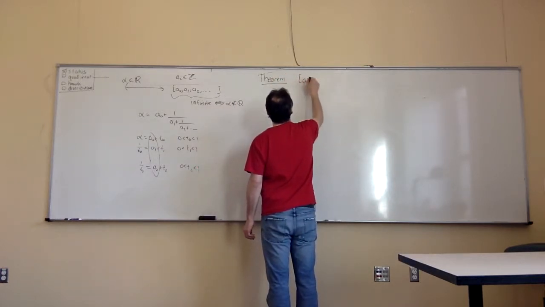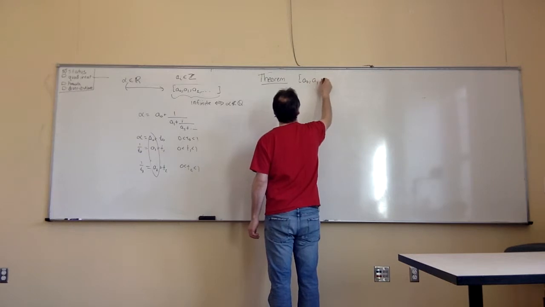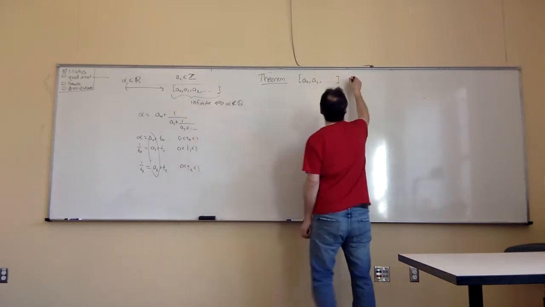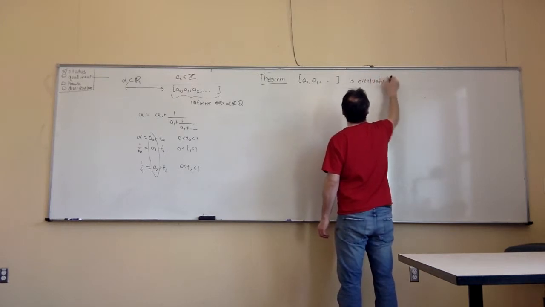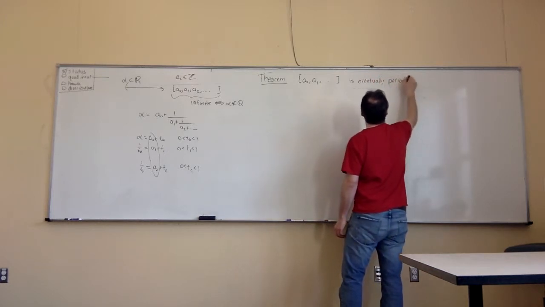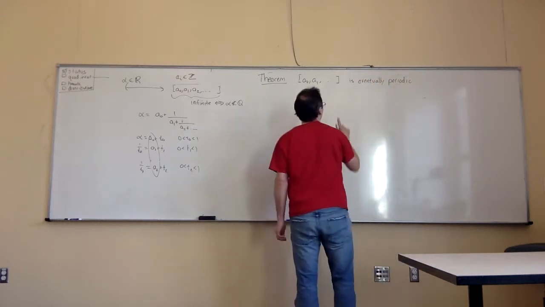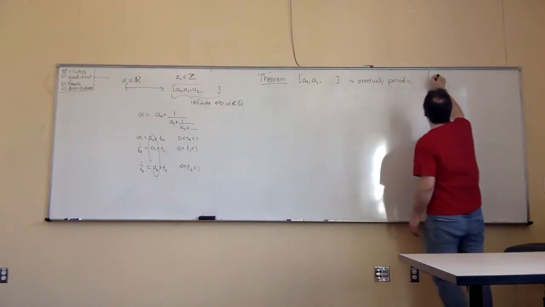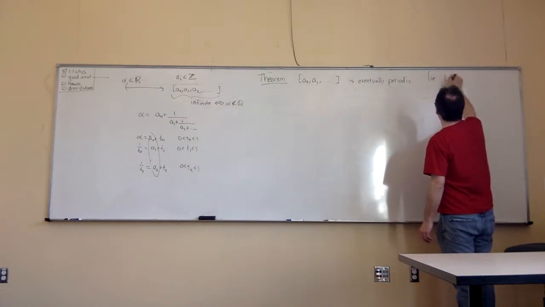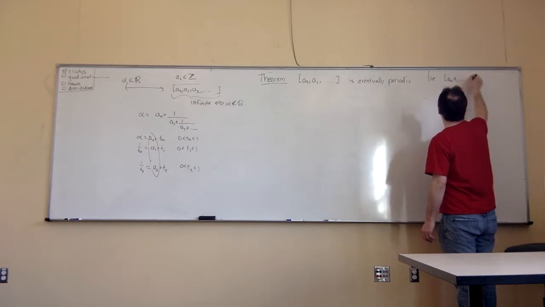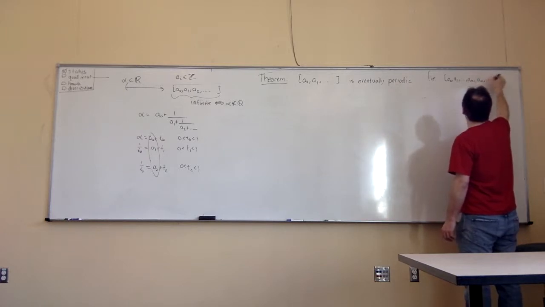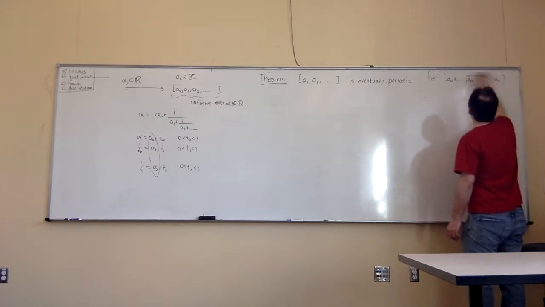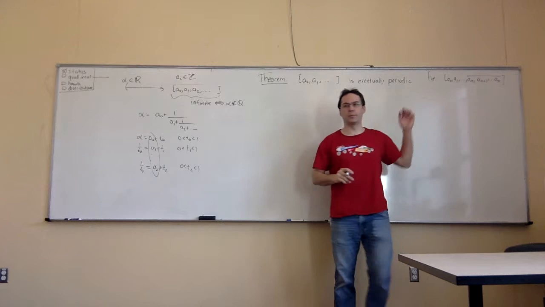A continued fraction is eventually periodic, which means it's of the form a0, a1, up to am, then am plus 1 up to an, and then this part right here just keeps repeating over and over again.